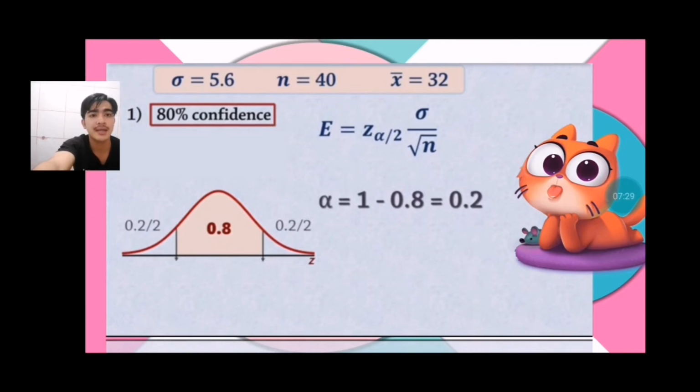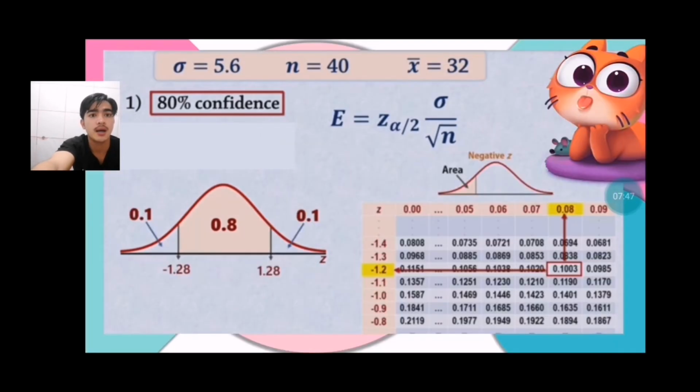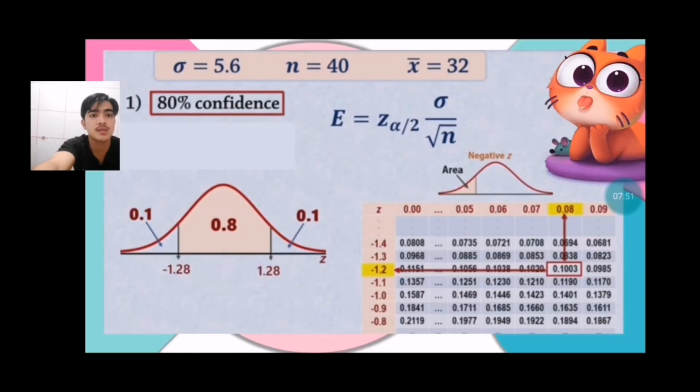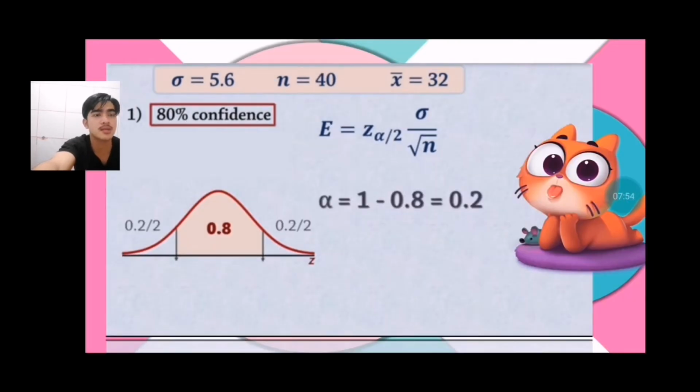The margin of error E is equal to Z alpha over 2 times sigma over square root of n. Substituting the corresponding values, we have Z alpha over 2 times 5.6 over the square root of n. Now we need to find the critical value for the 80% confidence level.